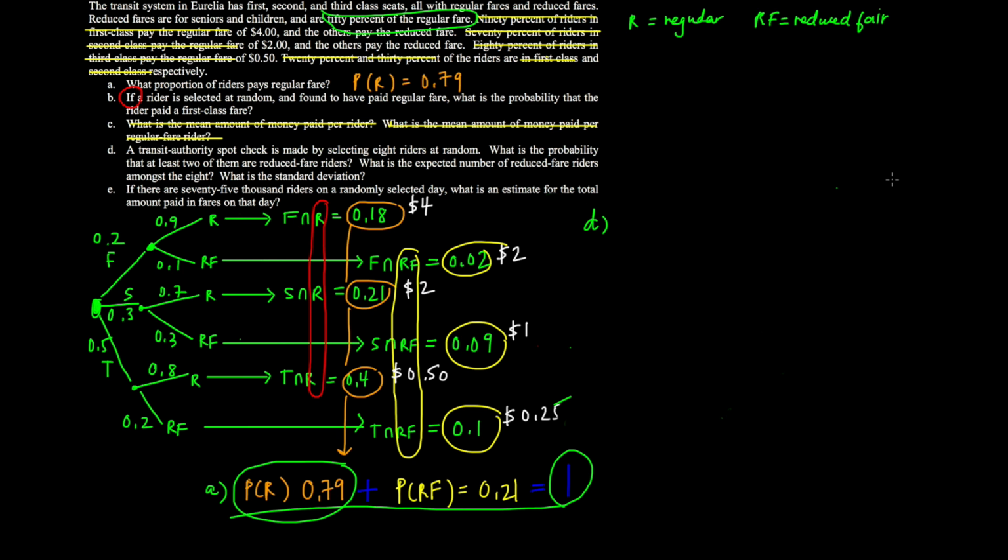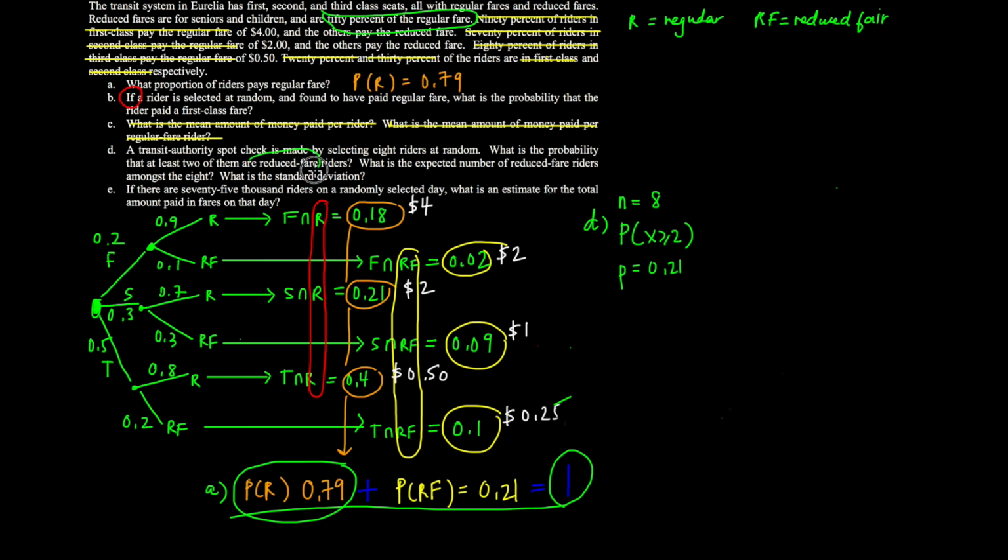So remember when I told you that the minute you see a given number of riders selected within a subset, binomial, that should have lit up in your head the minute you read that, okay? So we have a sample size of 8 selected at random, and we want to know the probability that at least 2 are what? The P that I'm looking for is reduced fare, right?